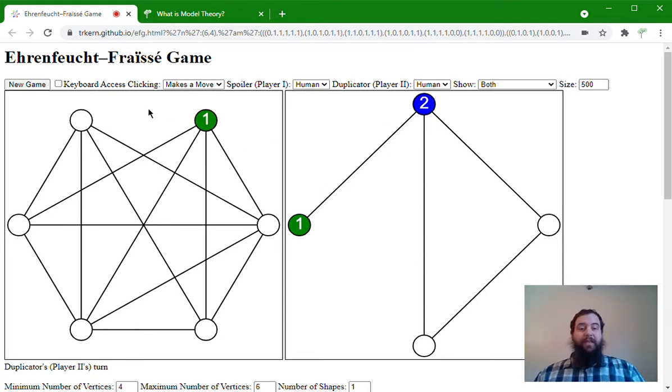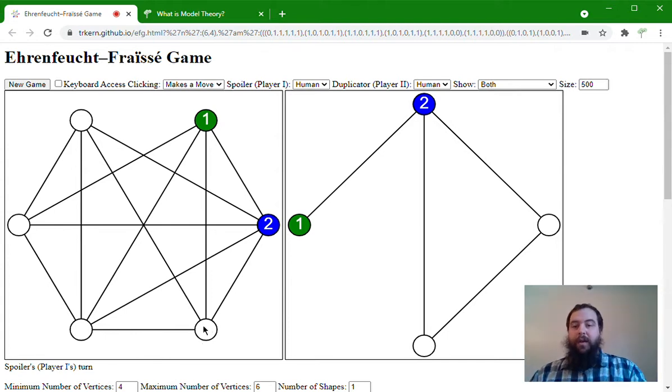If you know what this means, spoiler and duplicator are cooperatively constructing a partial isomorphism between the 2 graphs, or an isomorphism between subgraphs. So let's say the duplicator plays here. And again, this is a perfectly fine move. Vertices 1 and 2 are connected on the right graph, and vertices 1 and 2 are connected on the left graph. So that's perfectly fine.